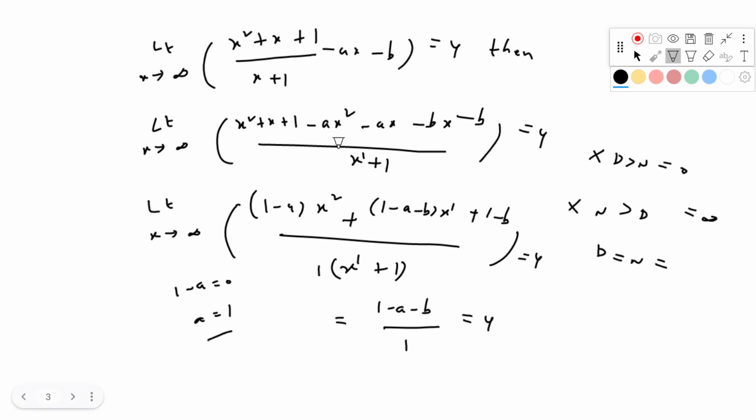Here a value is 1, so put 1 minus 1 minus b equal to 4. So 1 gets cancelled, minus b equal to 4, b equal to minus 4. That means the answer is a equal to 1, b equal to minus 4.